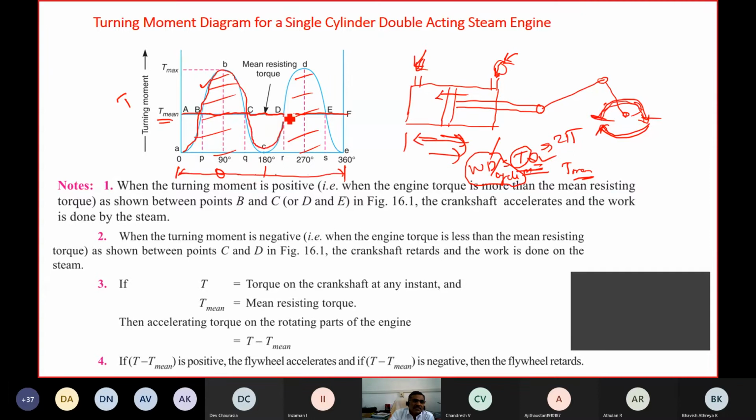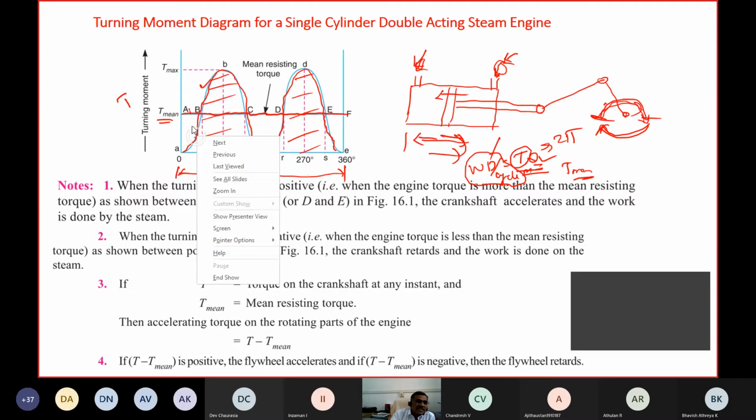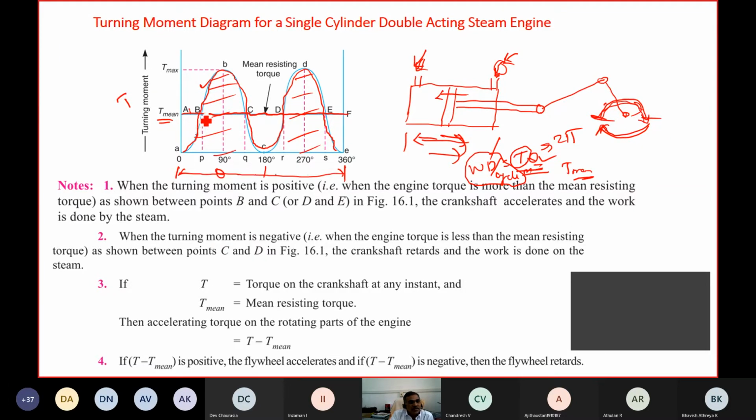It is continuously varying. So now, what will happen? Suppose the required torque is this, but in this portion, the torque produced is less than the required value. So what will happen? It will decelerate the vehicle.